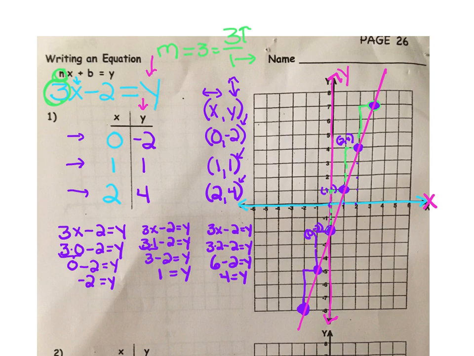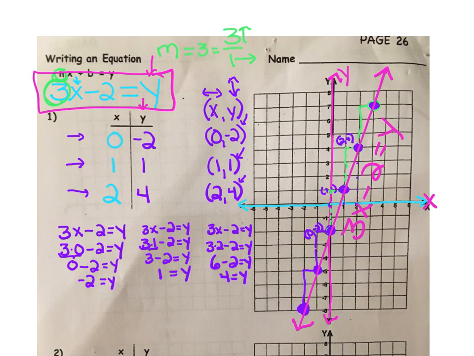Once you've got your line drawn, place arrowheads on each end because the solutions continue on and on forever in each direction. And the final touch? Well, take your original equation and label the line, either above or below: 3x minus 2 equals y.